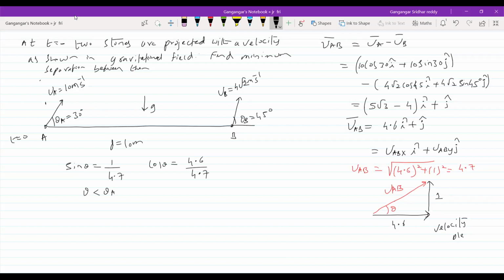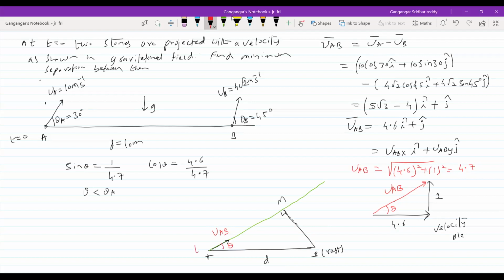So what is the diagram? Here I'll bring it. This is the distance of separation. This is A, this is B. When A moves with velocity U_AB, then B will appear at rest, so U_AB will come in this direction. This is theta.